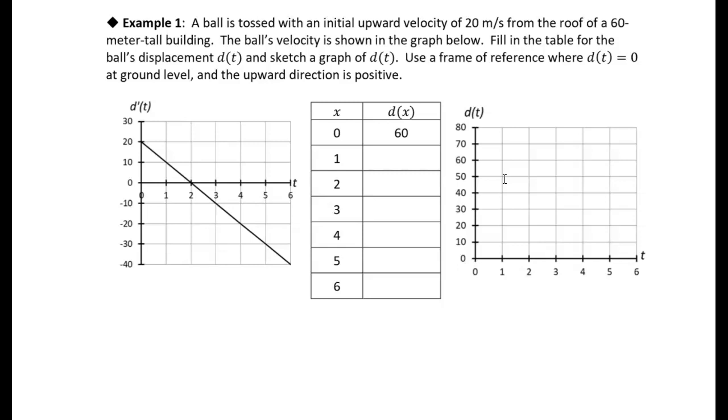Okay, so a physics problem. I love physics problems. A ball is tossed with an initial upward velocity of 20 meters per second from the roof of a 60-meter tall building. And we have a graph of the ball's velocity. And we're asked to fill in this table of the position over time.